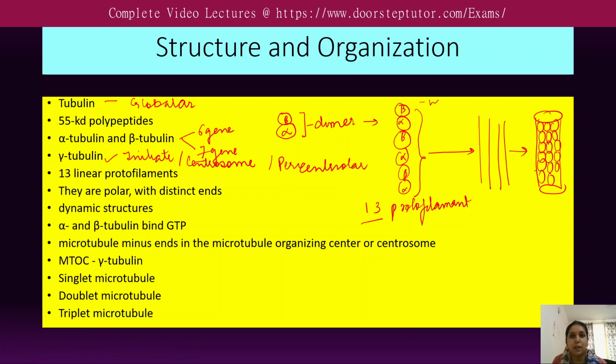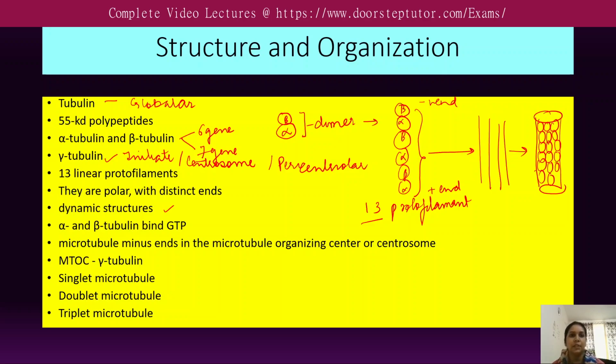They also have a minus end as well as a plus end. This polarity is basically responsible for, or helps in, the direction of the various motor proteins along the microtubule. They are dynamic structures, regulated by organization and disorganization again and again.